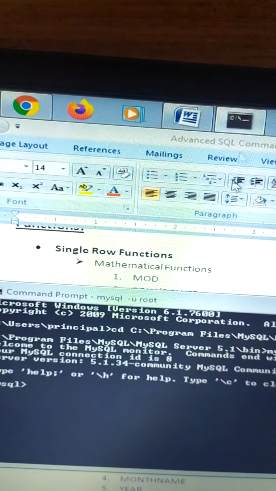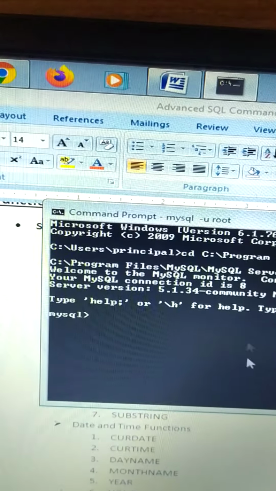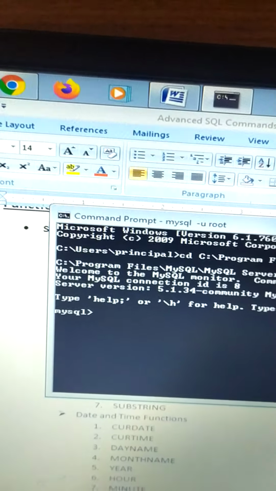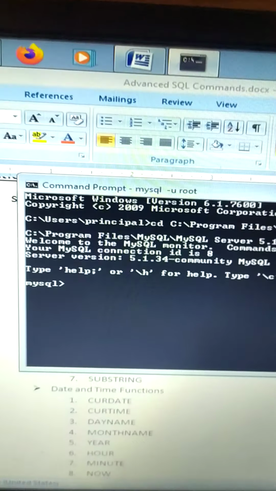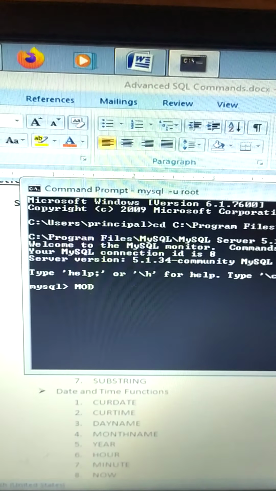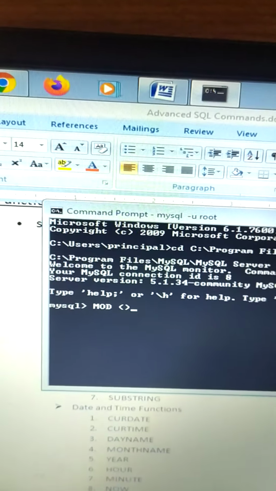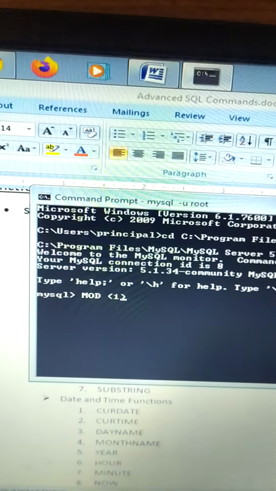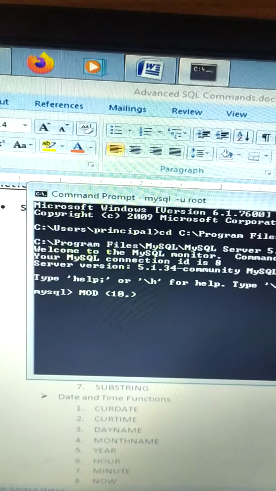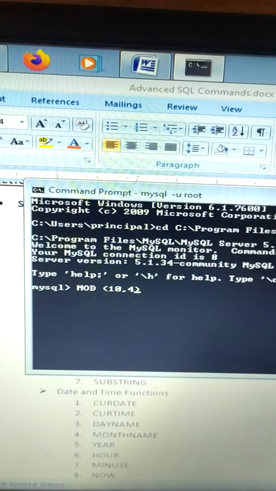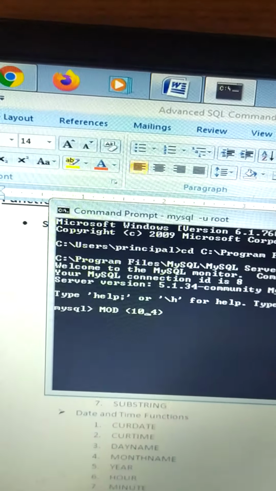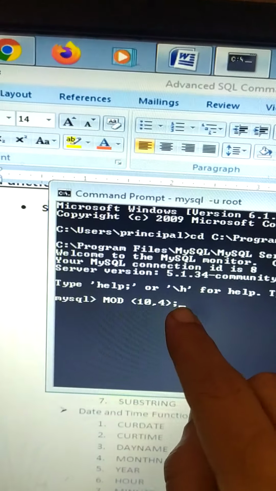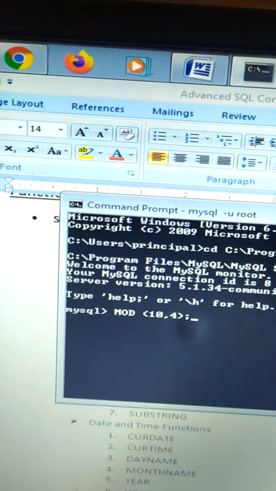First is mod. So here in MySQL, in the command prompt, we'll study mod. Suppose mod, over here in round brackets, I give 10, 4 and then a semicolon. Please do not forget this semicolon after every query.